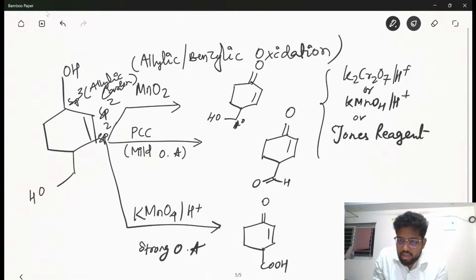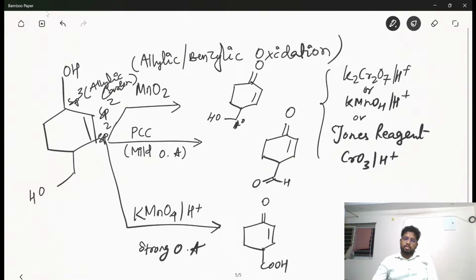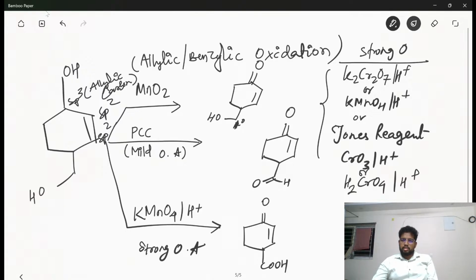What is the Jones reagent? CrO3, H+, chromic acid and H+. Sometimes we use H2CrO4 and H+. All these are strong oxidizing agents.